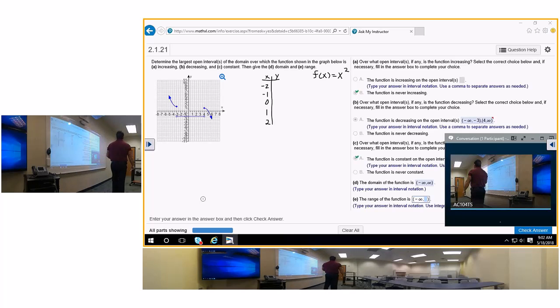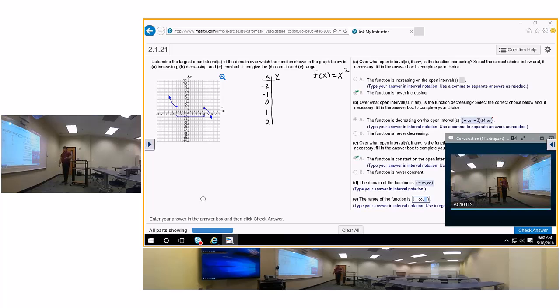You can't use 5. You can't use -100. You can use -1/2, but you cannot use -3. You cannot use 5. You can use 1. You can use 1/2. You can use 0.33, but you cannot use anything above 2 or less than -2.